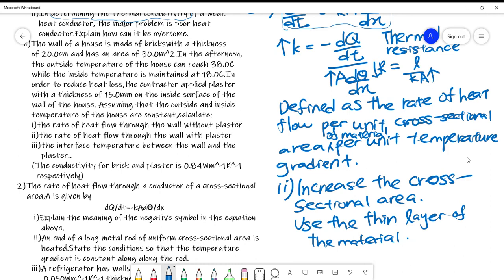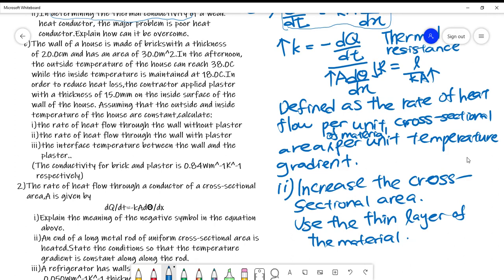This is because if the layer is very thick, it is assumed to have higher resistance in the materials.